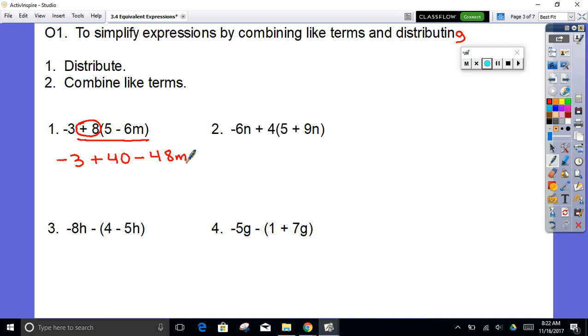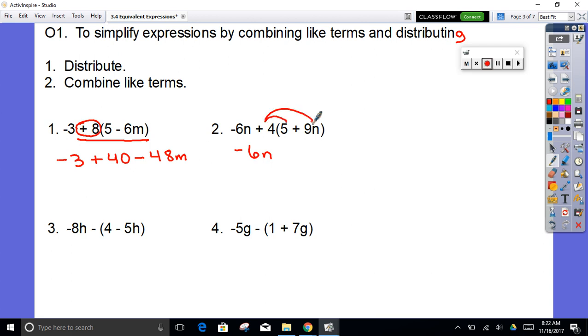Okay, number 2. Let's see, let's have somebody give this one a try. You would circle or bring down the negative. And then you do positive 4 times 5. And then do positive 4 times 9n.